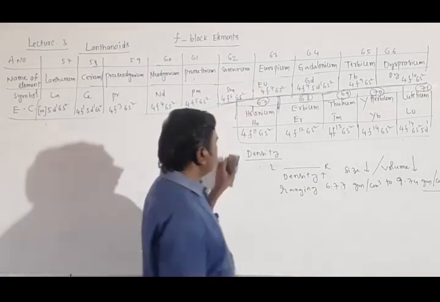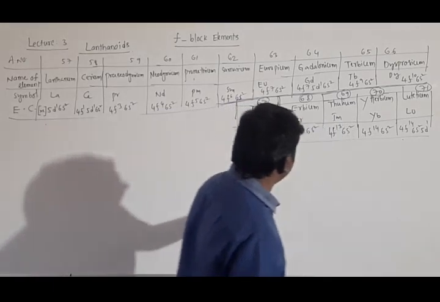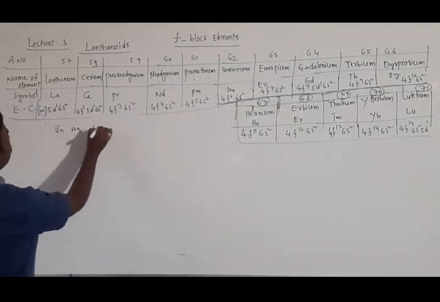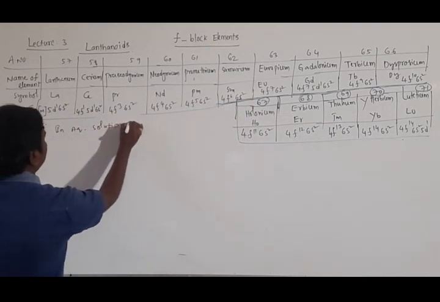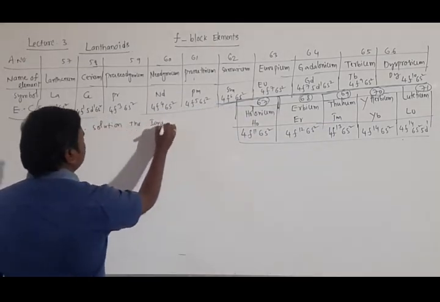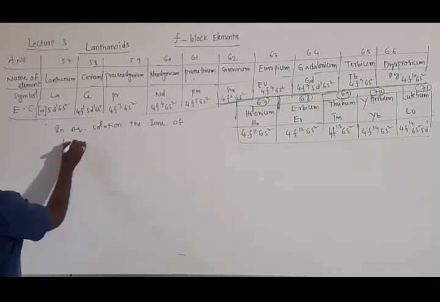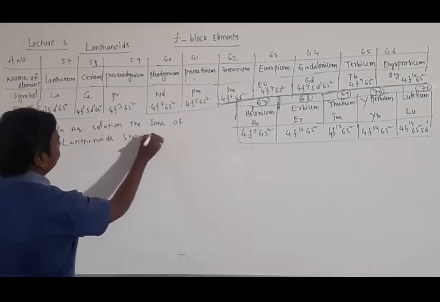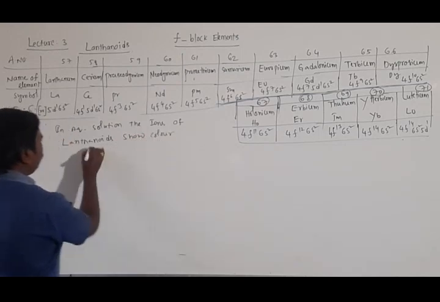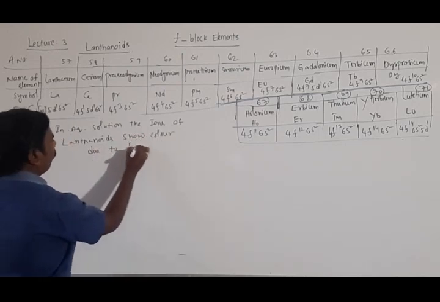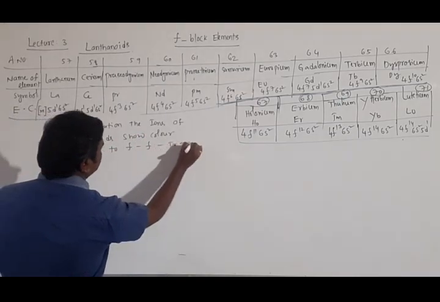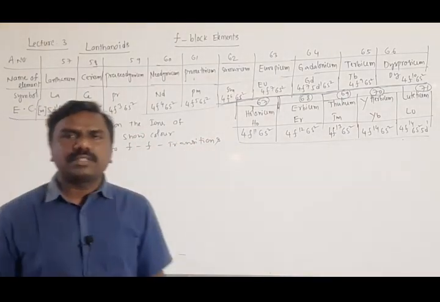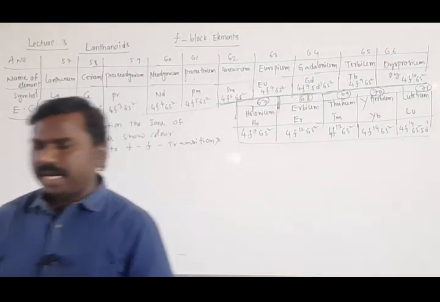Similarly here also, due to f-f transitions, in aqueous solution, the ions of lanthanoids show color. These are f block elements, hence f-f transitions are possible, right?